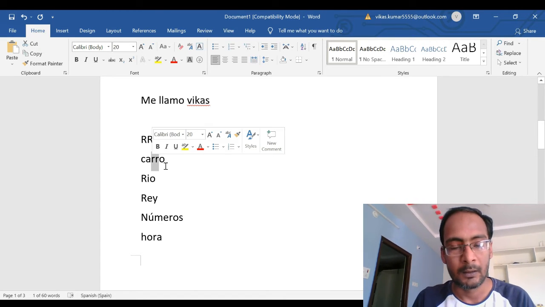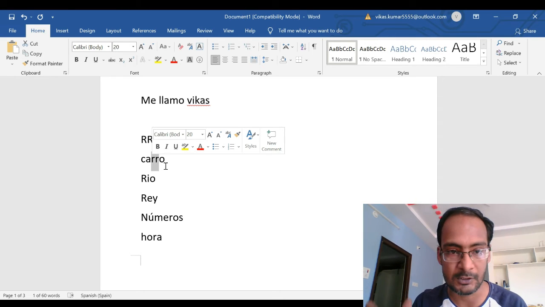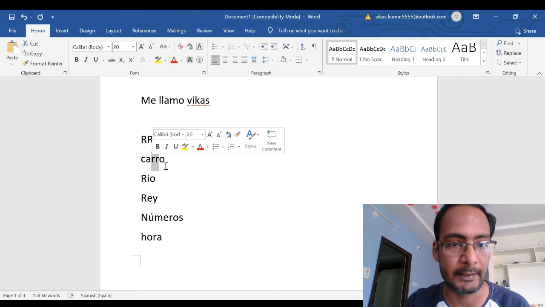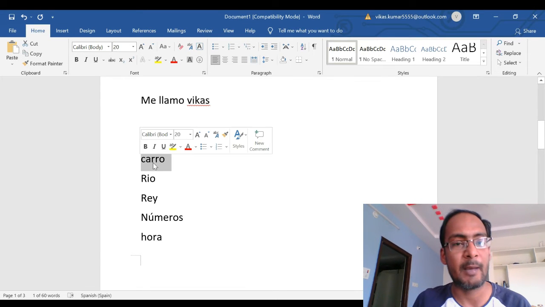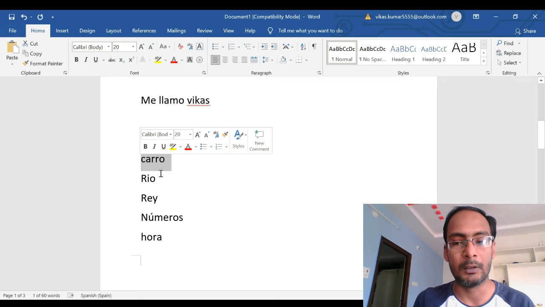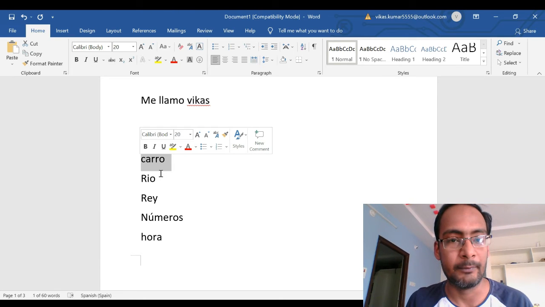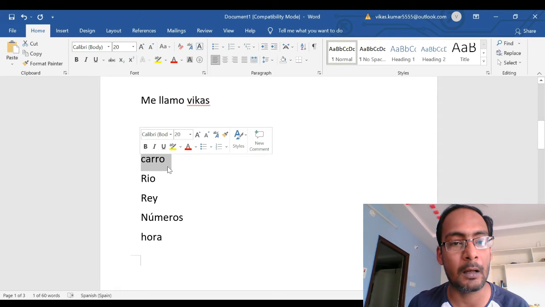Whenever there are two R sounds, in most cases we would stop after the first consonant, then pause for a second, and in any other language it would be pronounced as caro, but in Spanish it is pronounced as carro. You need to move your tongue toward the upper side of your mouth and then vibrate your tongue to make this sound, carro, carro.